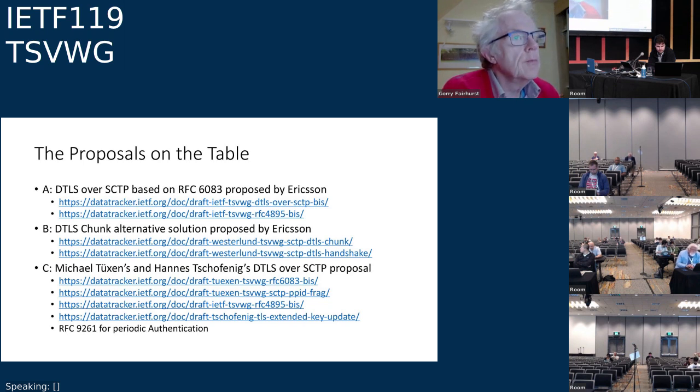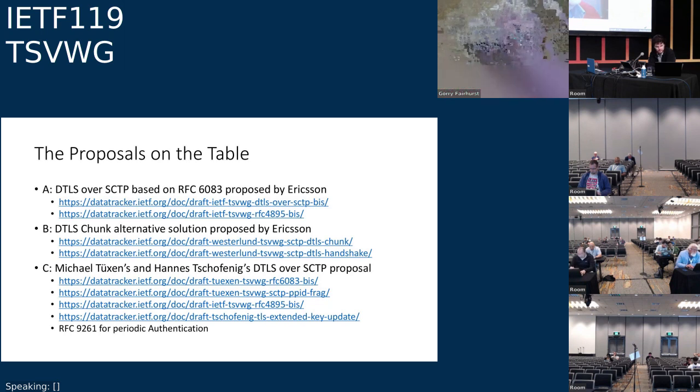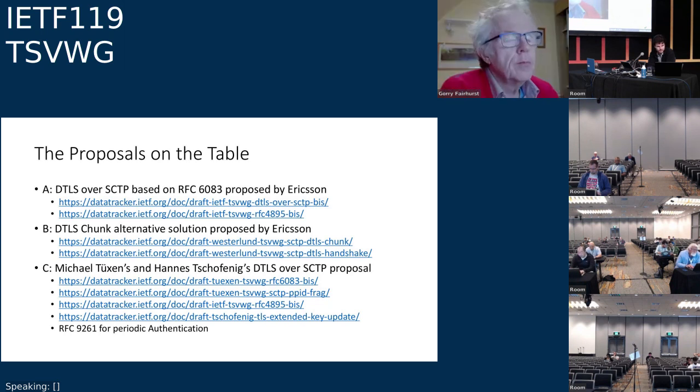So that's a separate document. The STP OAuth update, and a key update proposal, which has been proposed to the TLS working group, as well as using RFC 9261 for periodic authentication. So that whole set of documents is what's C. So, okay, let's go on to the next slide.